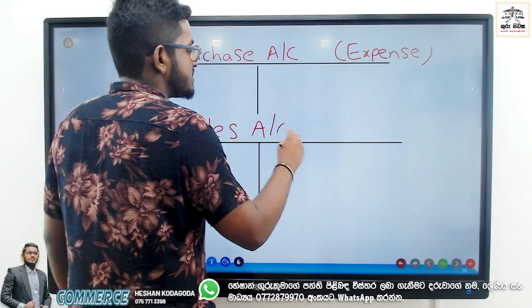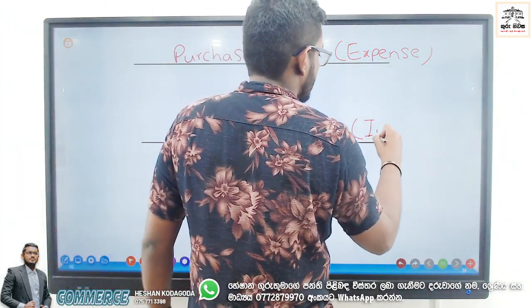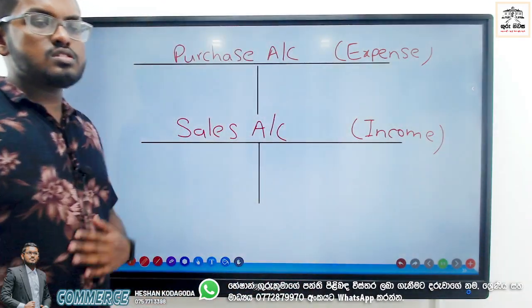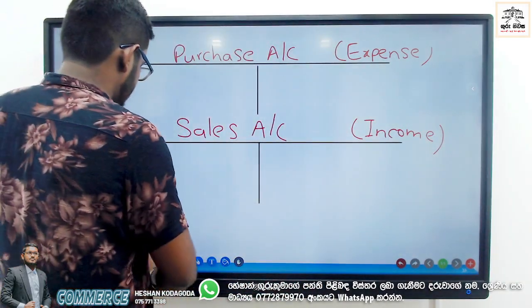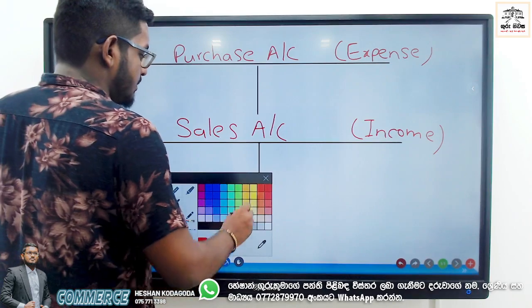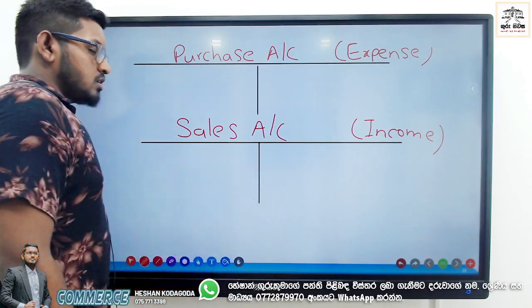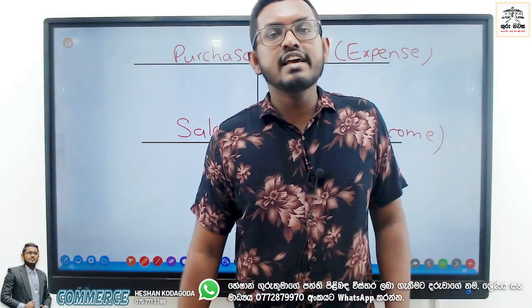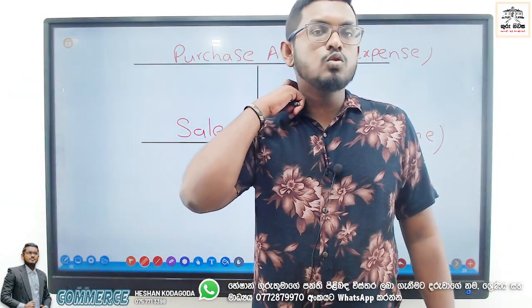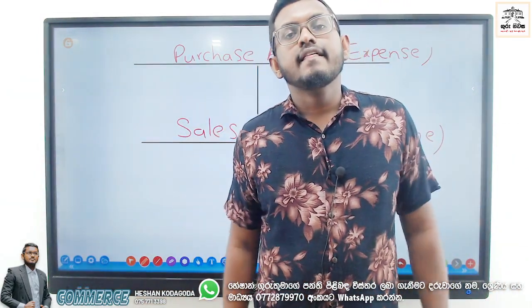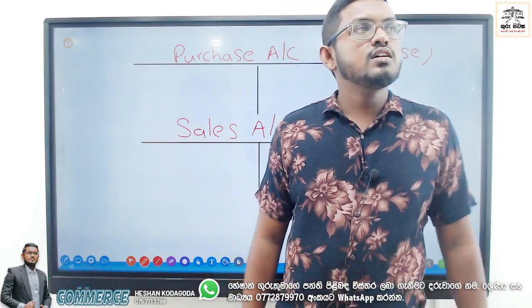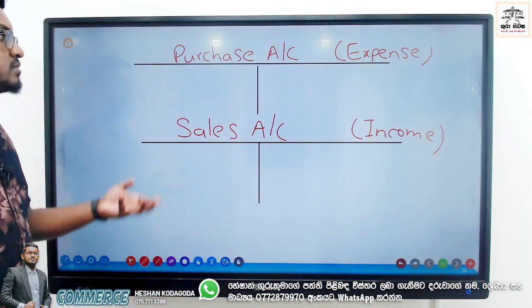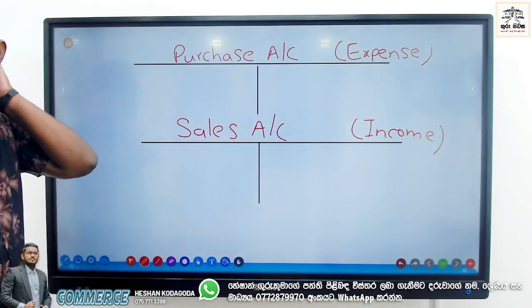Sales account means it's an income. Using the accrual concept, purchase means purchasing stocks, and sales means selling stocks. There is no stock account in the ledger. We categorize stock sales as sales income and stock purchases as purchases expense.